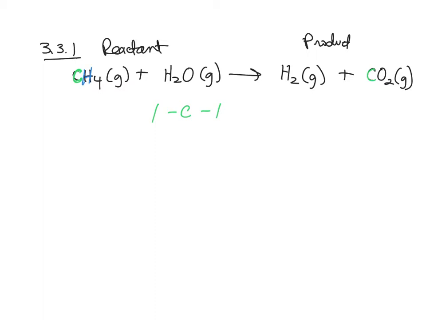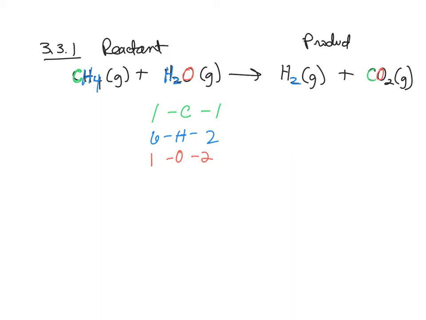So here you have 4 plus 2 here. So you have 6 hydrogens, and over here you have 2 hydrogens. And then the oxygen, you have 1 oxygen on the reactant side, and you have 2 oxygens on the product side.